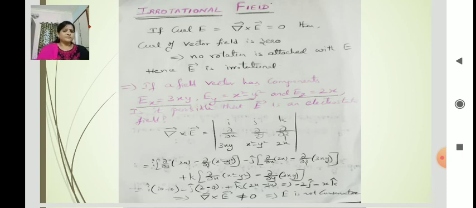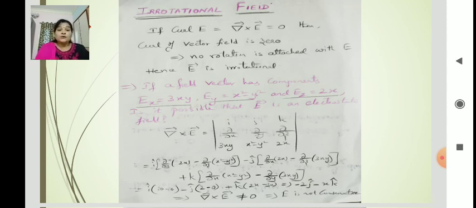For that, we have to find the curl of that electric field. I can write the electric field intensity E as 3xy i plus x square minus y square j plus 2x k, that is, Ex i plus Ey j plus Ez k.